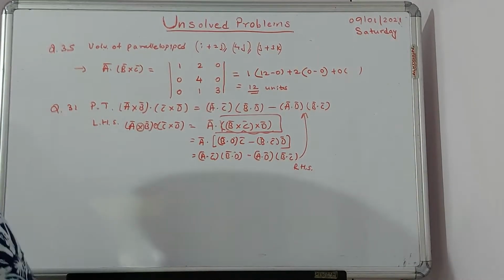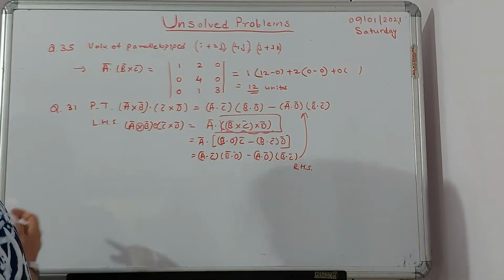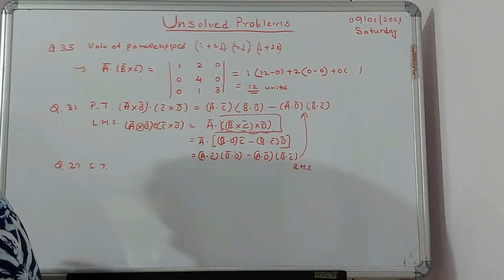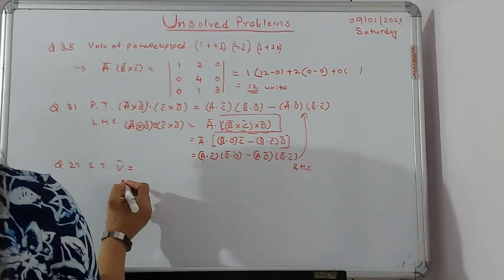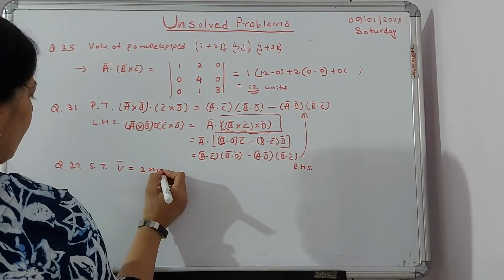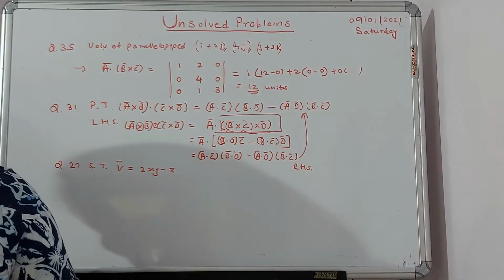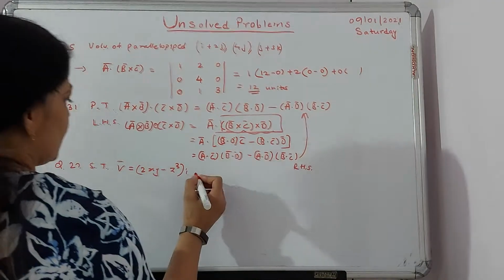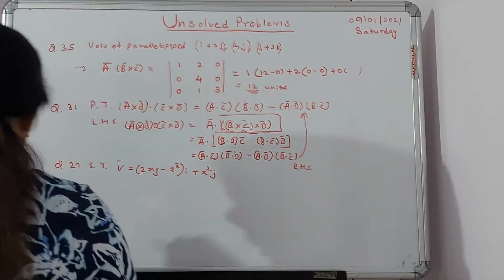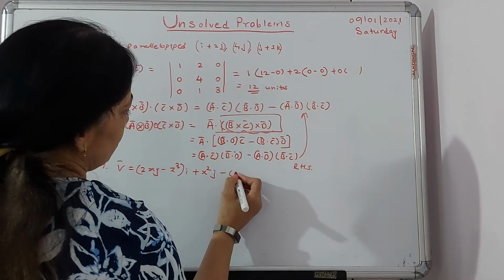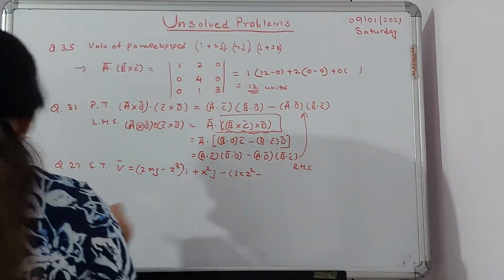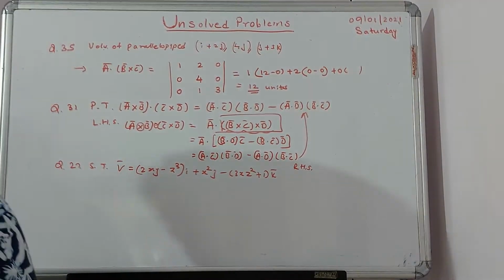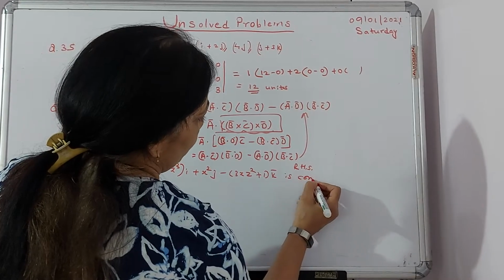Question number 27 says, show that the field vector v, which is 2xy minus z cube i plus x square j minus 3xz square plus 1 times k, is conservative. This we have to prove.